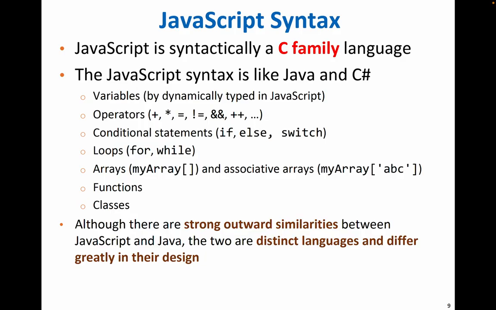They are different languages, but they also have many common points. And for the students who know Python and Java, you will notice that many of the syntax follows Java syntax and many of it actually follows Python syntax. And now we will see also the variables, operators, conditional statements, loops, arrays, and so on.